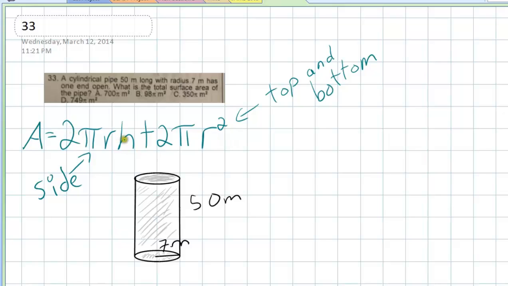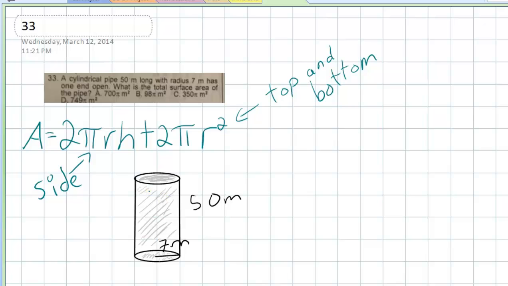The first part, 2 pi rh, will give us the surface area of the side, the long pole part of the cylinder. 2 pi r squared gives us the top and the bottom of the cylinder. When we add up the side, the top, and the bottom, that gives us the total surface area of the cylinder.